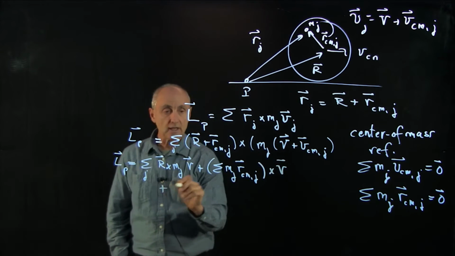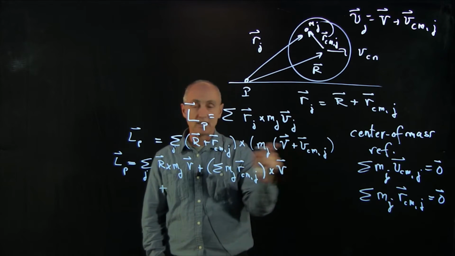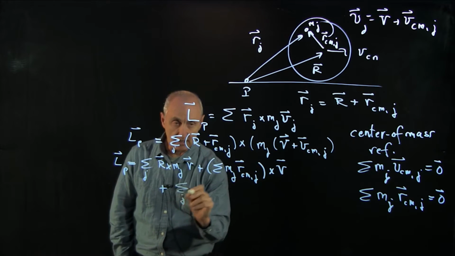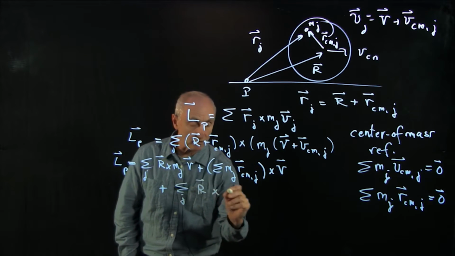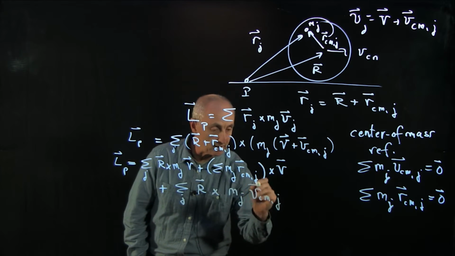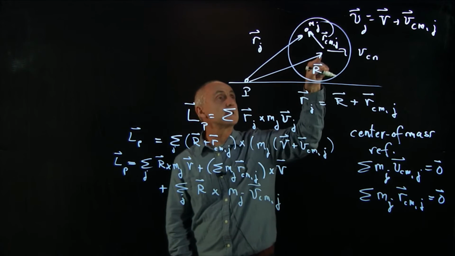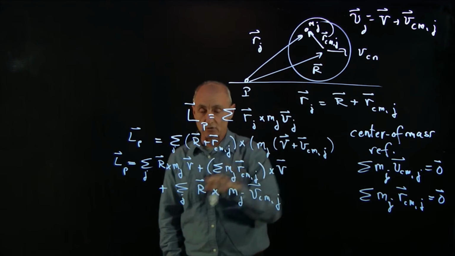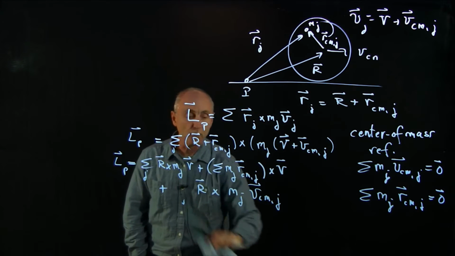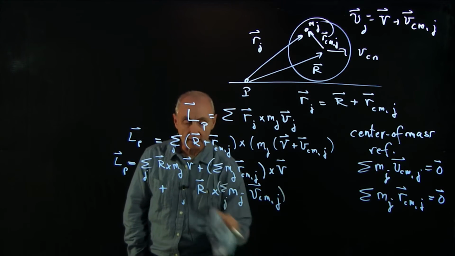The next term is when I take r cross mj vcmj, summed over j. But again, remember that r is the same vector. It's just from P to the center of mass. So I didn't need to put the sum here. I can pull r out of the sum, and I have my sum like that.